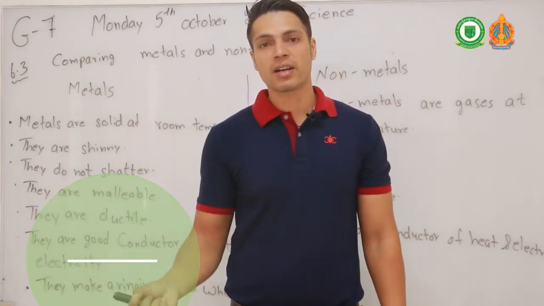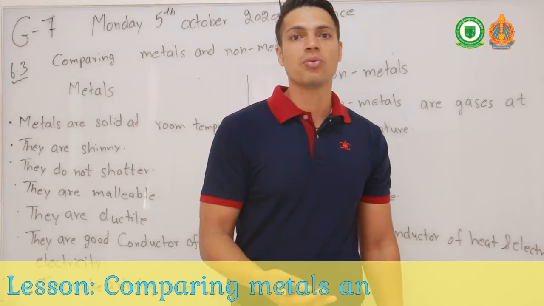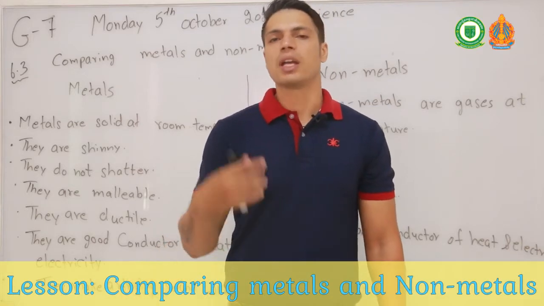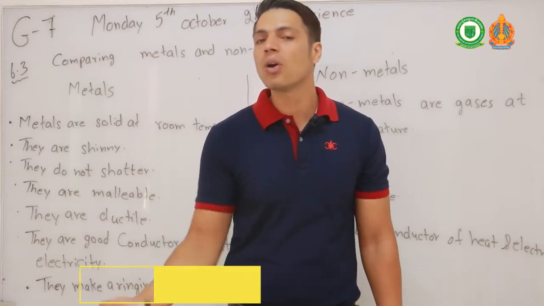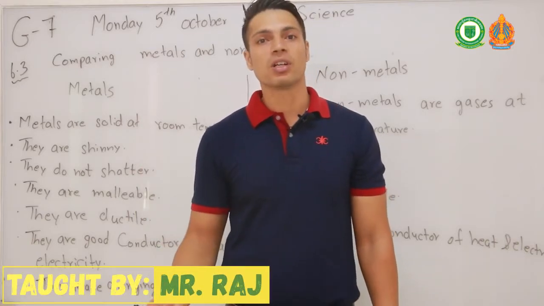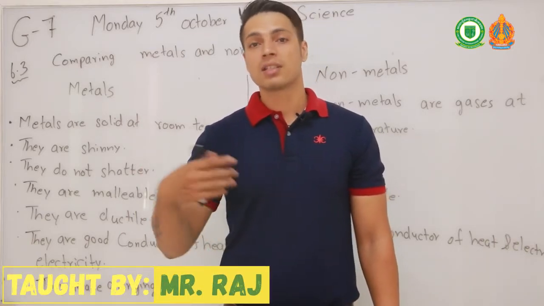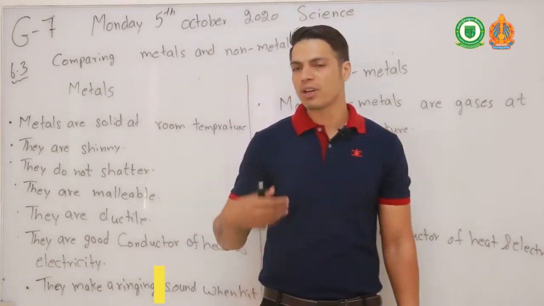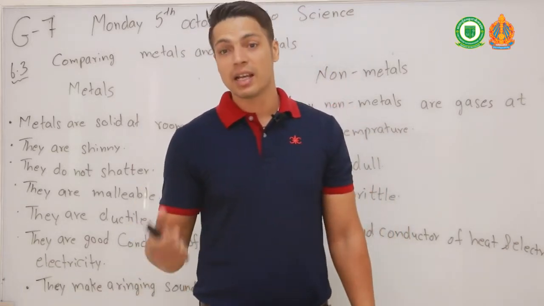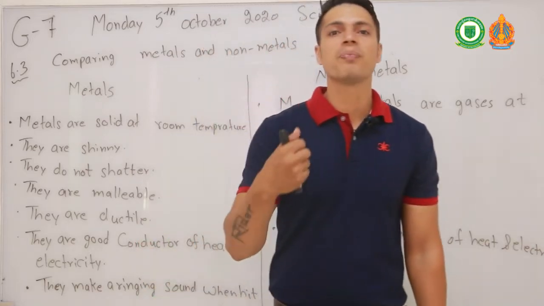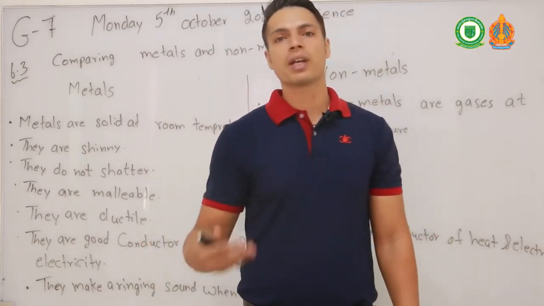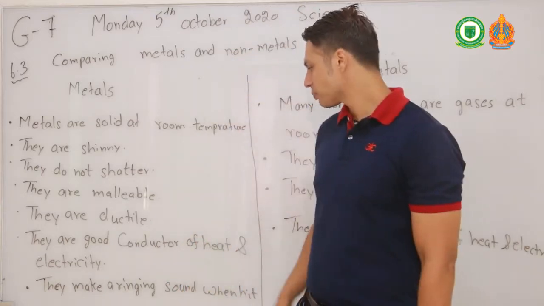First, it does not get rust, and it is a good conductor. Imagine, can you boil water in a wooden pan? No, but you can boil water in a steel pan, because steel has a high melting point. It will not melt easily, but it is a good conductor of heat. It lets the heat energy pass through it. That's why we can cook in steel pans.